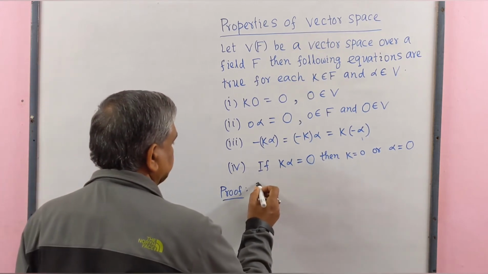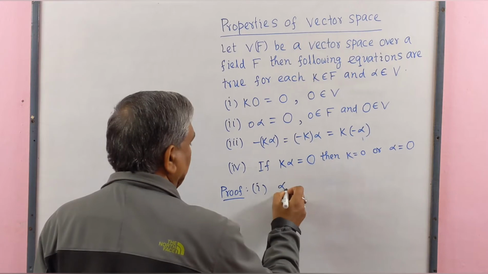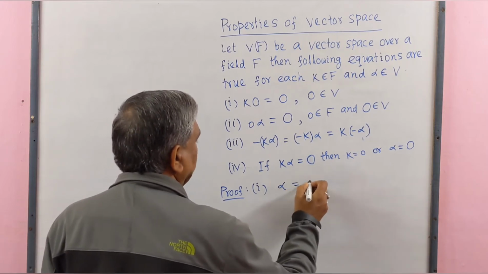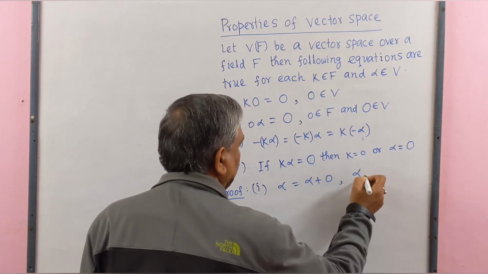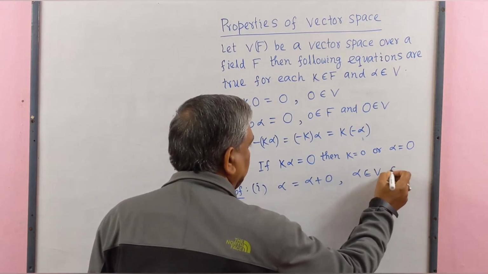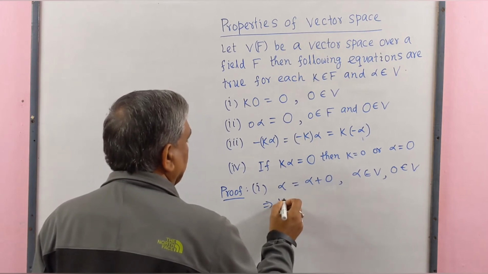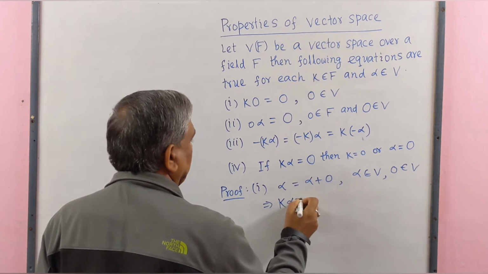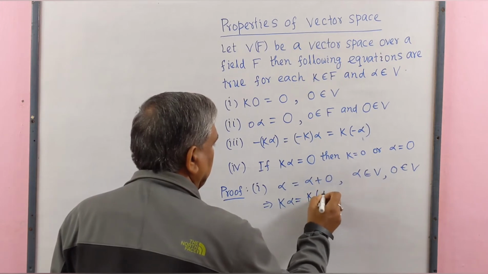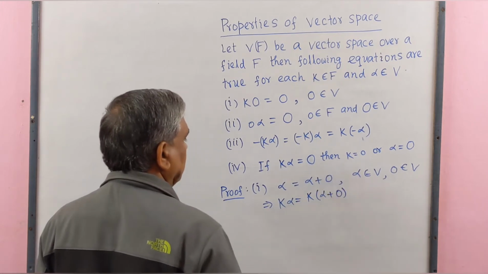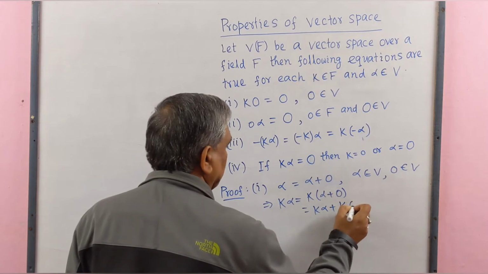Proof number 1. Since alpha equals alpha plus 0 vector, where alpha belongs to V and 0 belongs to V, it implies that k alpha equals k alpha plus k0.